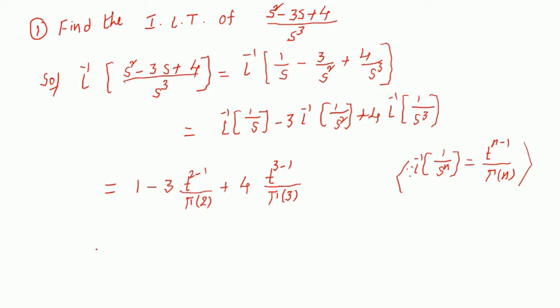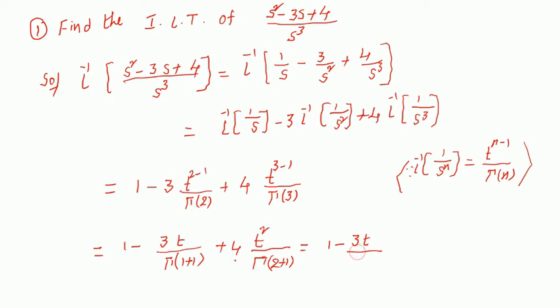So this is equal to 1 minus 3, t power 1 means t, by gamma of 2, which can be written as gamma of 1 plus 1, plus 4 into t square by gamma of 3, which can be written as gamma of 2 plus 1.